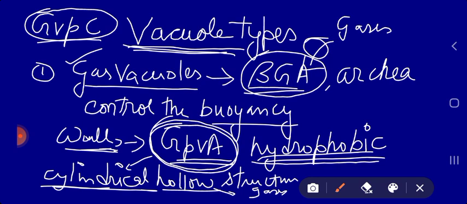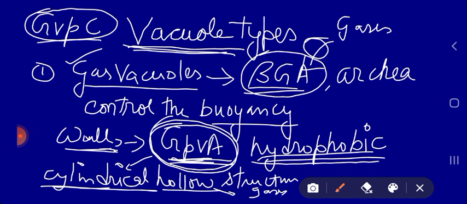This gas vesicle protein A forms a cylindrical hollow proteinaceous structure that will fill with gases. If there is a small variance in the amino acid sequence within these gas vesicle proteins, it will change the morphology of the gas vesicle.